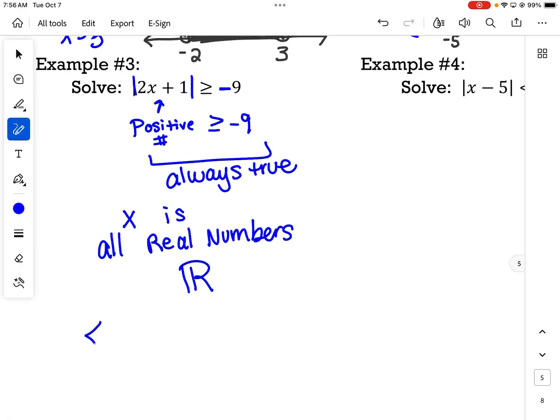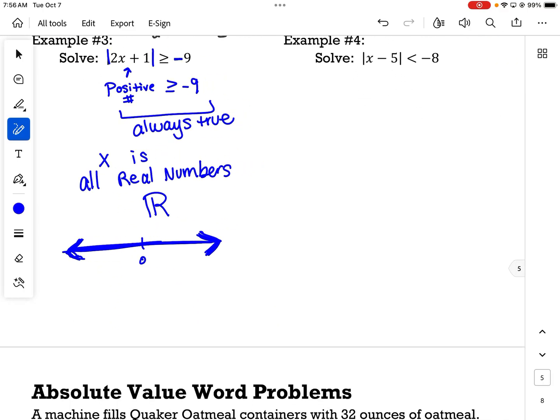So we don't have to do a number line. But if we were to do a number line, you know what it would be? You would shade the whole thing. Go in both directions. And let's just put 0 on there just for fun. Just so we have a number.